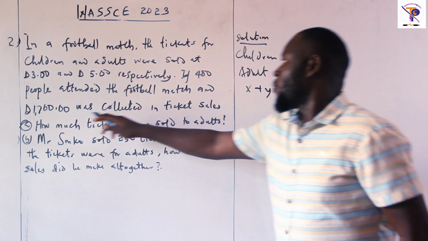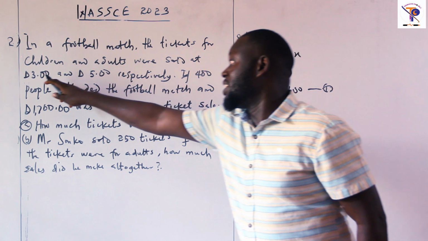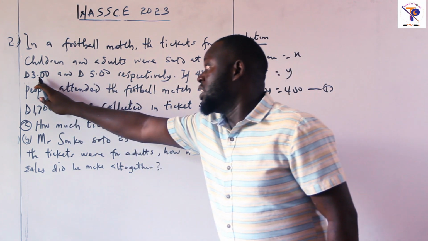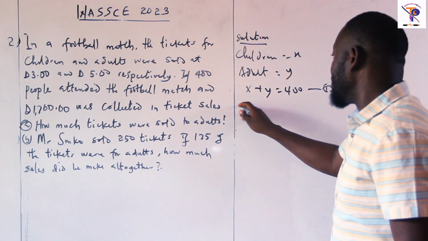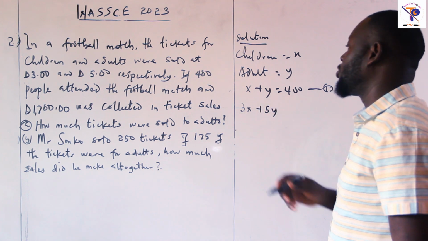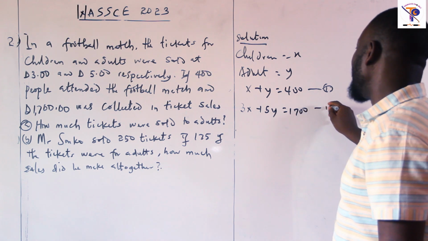And 1,700 was collected, and we have 3 naira for children and 5 for adults. So I can say 3 of the children plus 5 of the adults will be equal to 1,700. So this will be my equation 2.